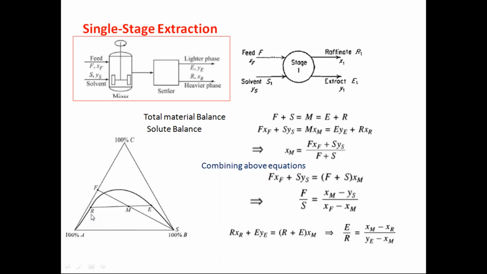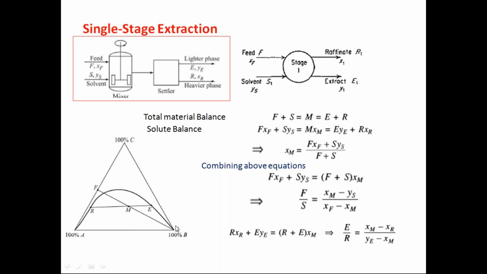If you go vertically like this, then xF will come out of the 100%. How much percentage of C is there in the feed will give you this point on this side of the equilateral triangle. So here you will get the F value. This F is the feed, and this height indicates the concentration of the C in the feed.